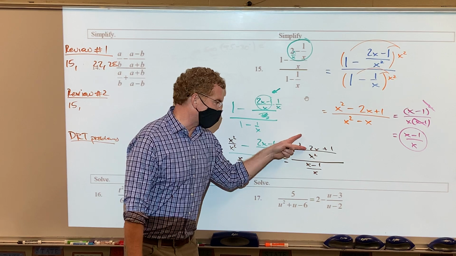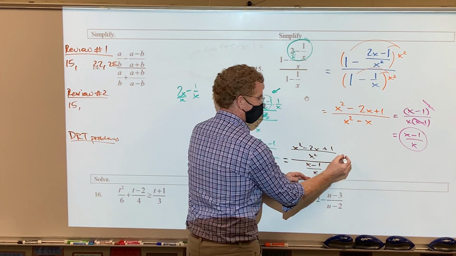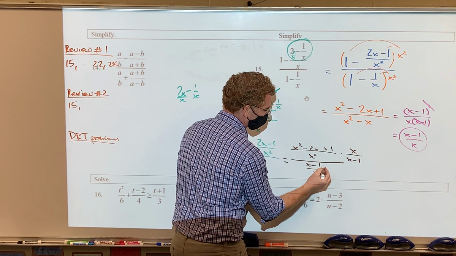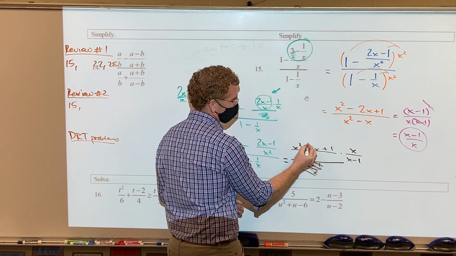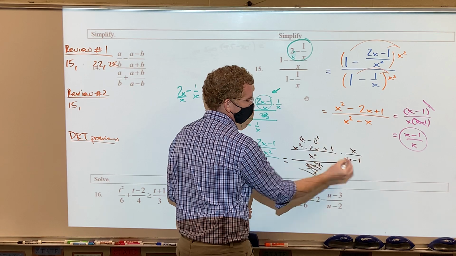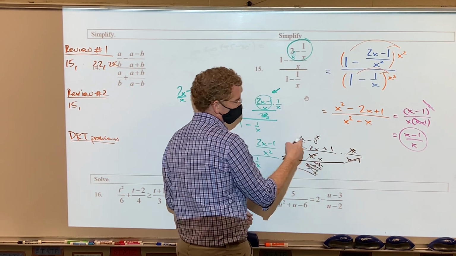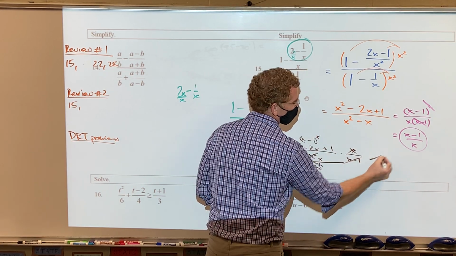And then how do I divide by a fraction? Multiply by the reciprocal. And then at that point, I would have to factor this, and I could cancel one of those, cancel one of those, and I'm left with x minus 1 over x.